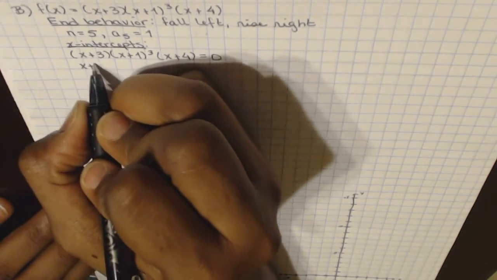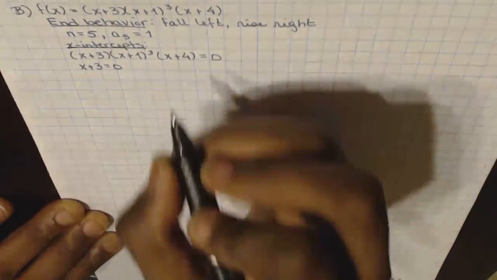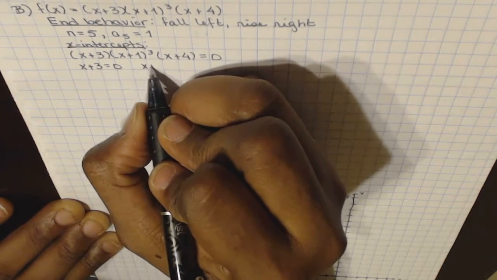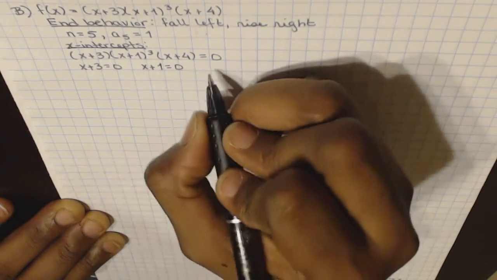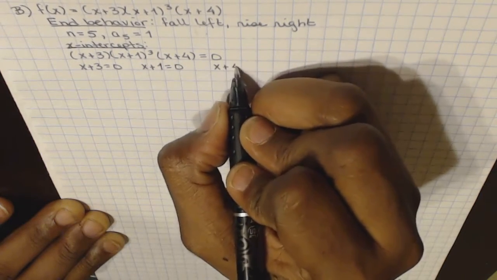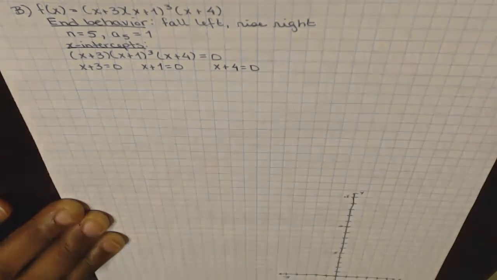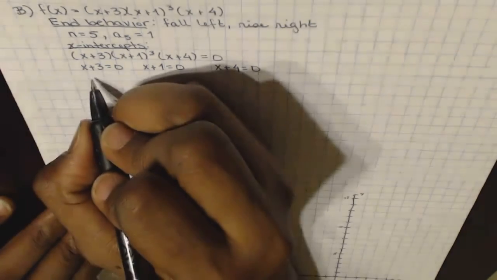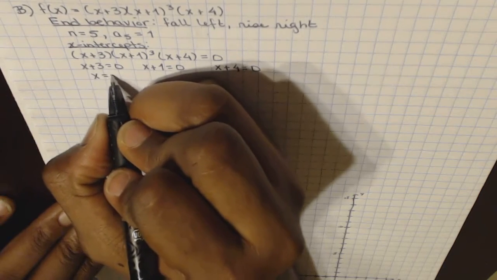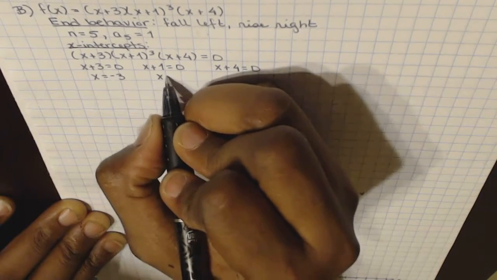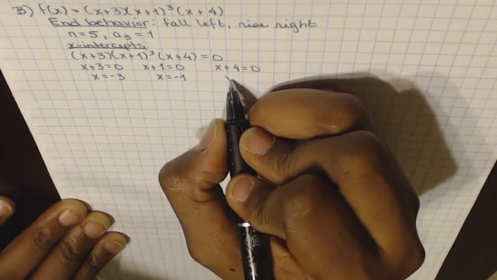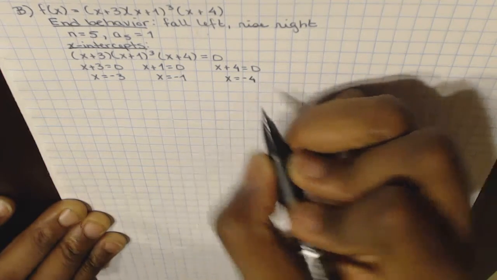So x plus 3 is equal to 0. X plus 1 is equal to 0. X plus 4 is equal to 0. So we can say x is negative 3, x is negative 1, x is negative 4.